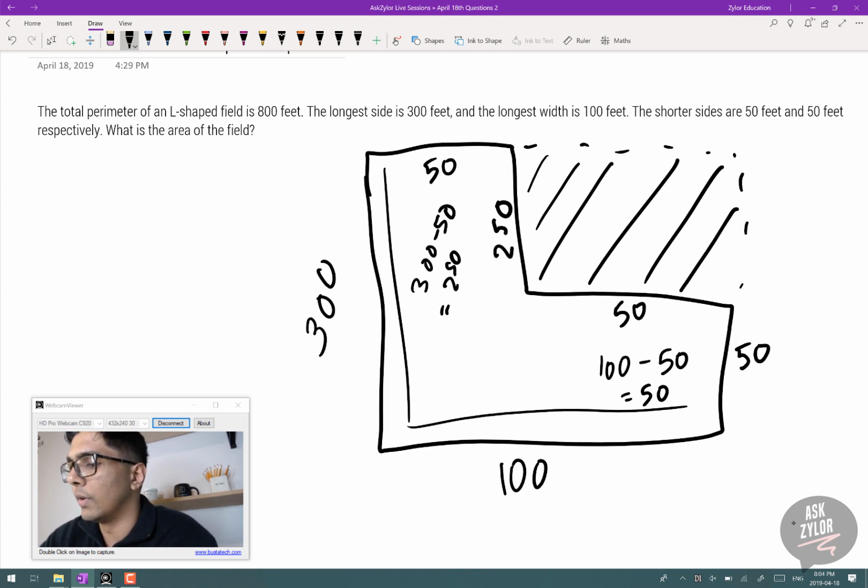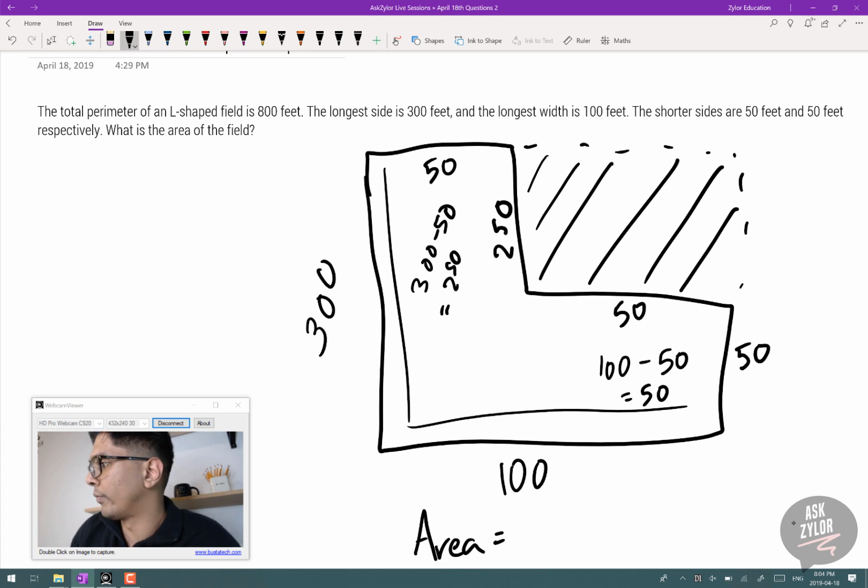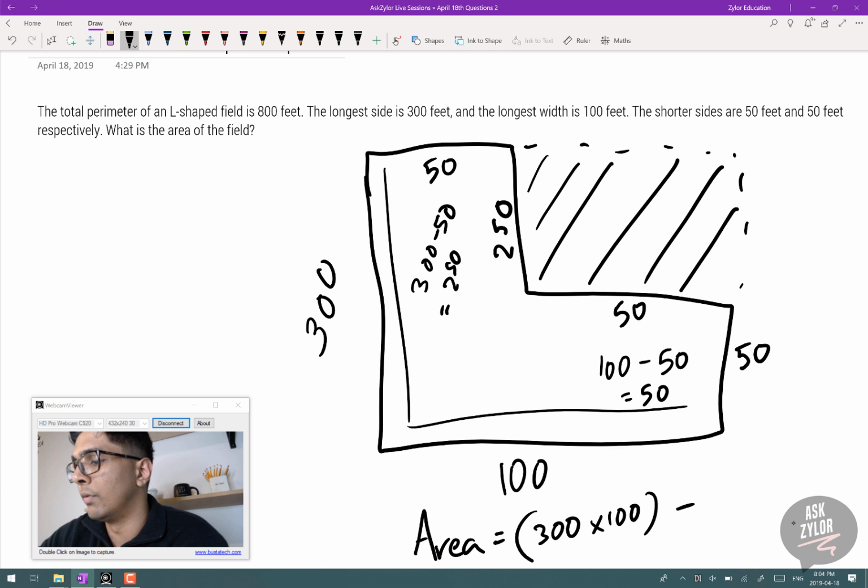So if I were to find the total area, that's going to be 300 times 100, minus what I have within my shaded area, which is not included in my L-shaped field. So it's going to be 250 times 50.